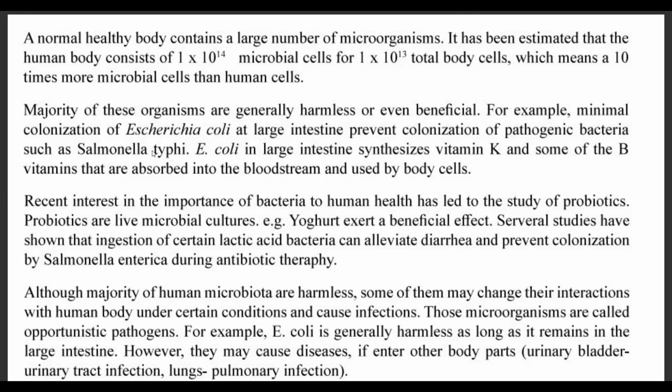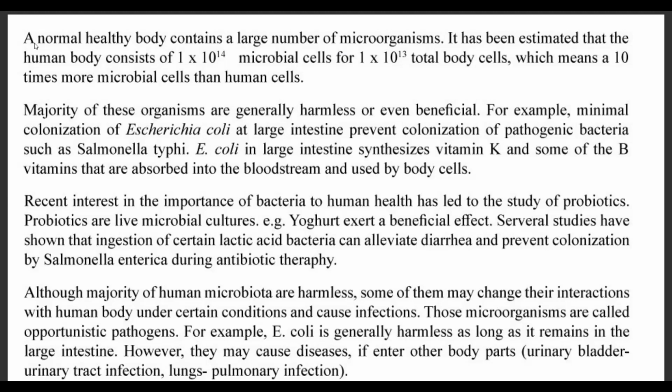Right. Now, let's go through the resource book note. A normal healthy body contains a large number of microorganisms. It has been estimated that the human body consists of 1 into 10 to the power 14 microbial cells for 1 into 10 to the power 13 total body cells, which means 10 times more microbial cells than human cells.